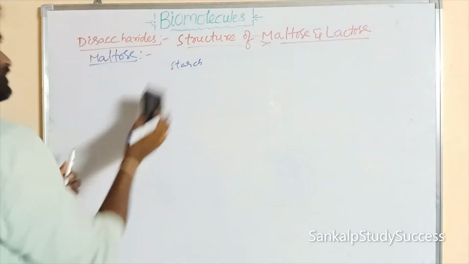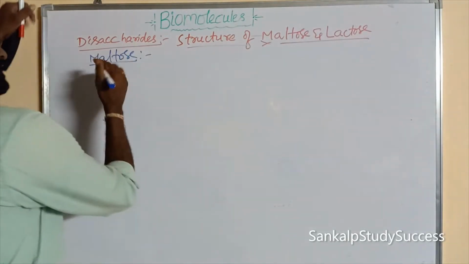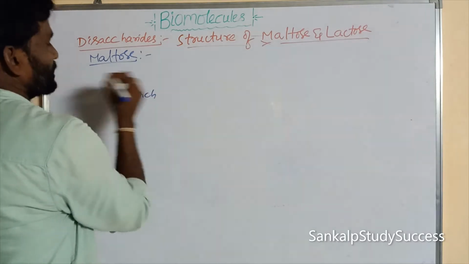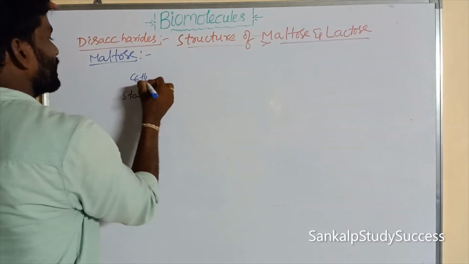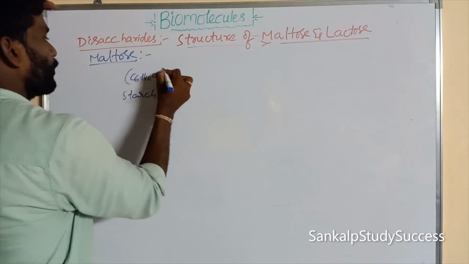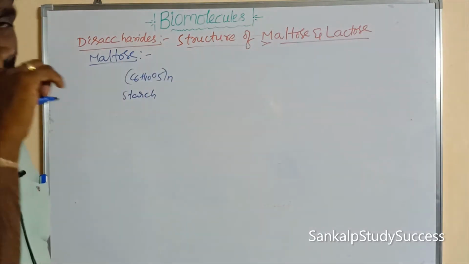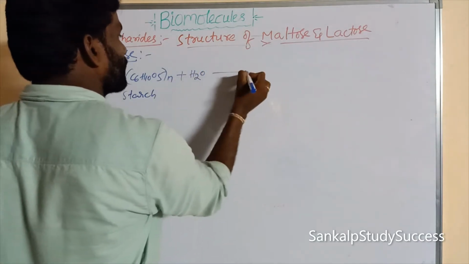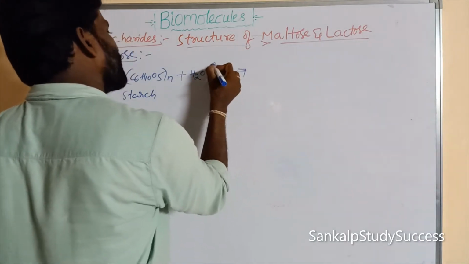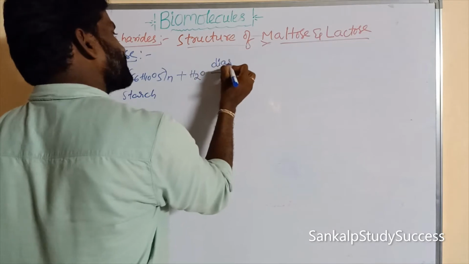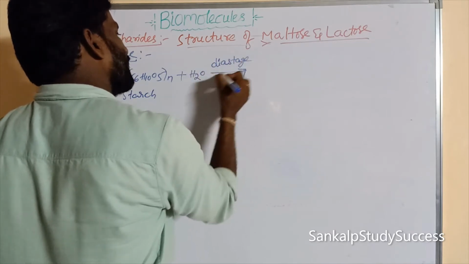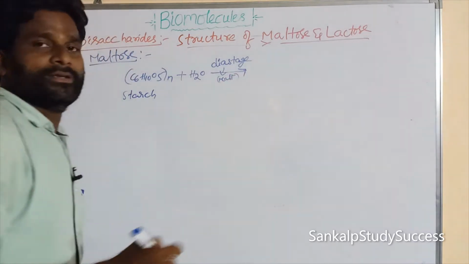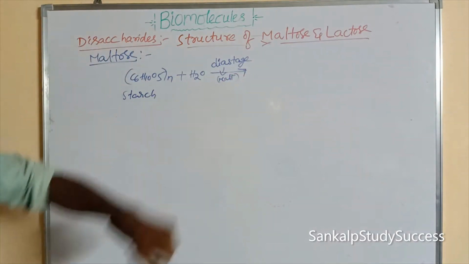What is the formula of starch? (C6H10O5)n. This is the formula of starch. Hydrolysis means adding of water, in the presence of diastase enzyme, which is produced from malt.